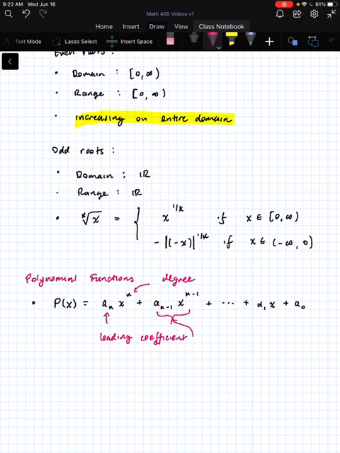Each part of this polynomial function is called a term with corresponding power. And so we call this the linear term, a1x, and this is the constant term. Not all of them need to be present, just some of them. And all the coefficients are fixed real numbers, right?